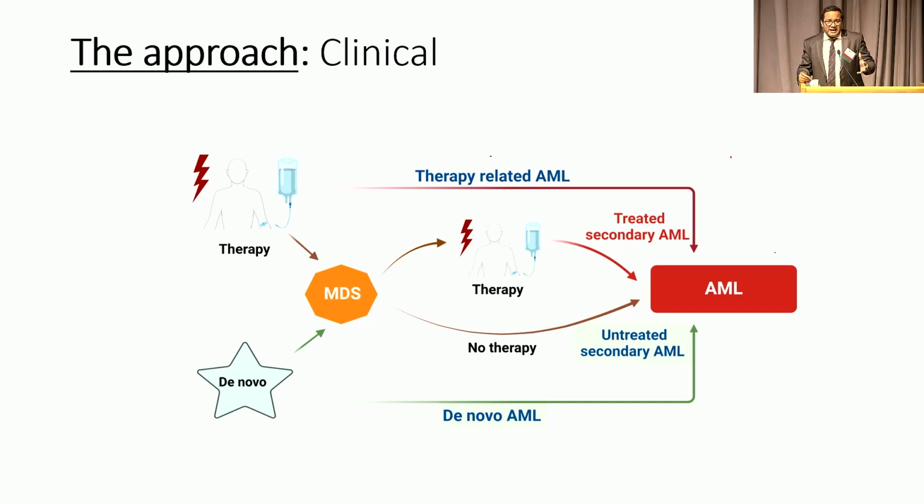A patient could get MDS, not receive any therapy, and then progress to AML, possibly a better subset. Then there is the de novo subgroup of patients with AML, supposedly patients who harbor not-so-nefarious mutations, respond better to therapy, and conglomerate well with the favorable subtypes of acute myeloid leukemia. So this has been our clinical approach.